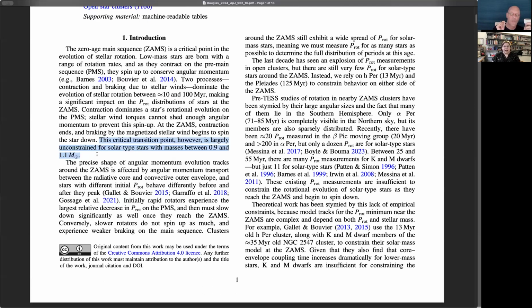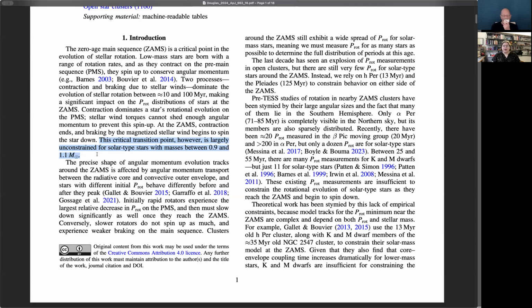Before TESS, one of the challenges with this age is that most of the clusters are in the south, and they're basically all pretty sparse on the sky. So there's less access to observatories where you can do these long time domain surveys. And even if you're able to do that, you're not able to target many stars in a cluster at a time.